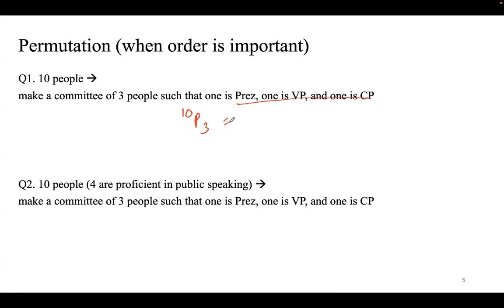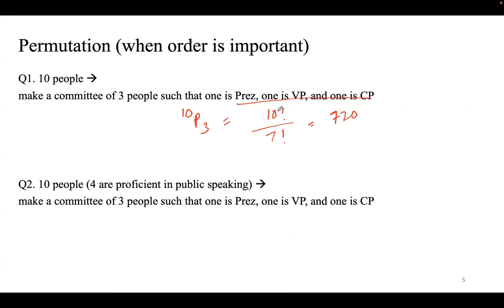You can solve this. Can one of you quickly solve this? I do have the answer with me, but let's just check. 720. I hope all of you have got 720 as the answer, right? Because it's 10p3, order is important.